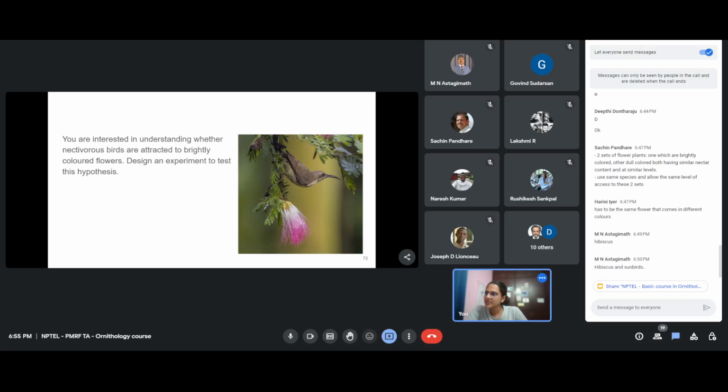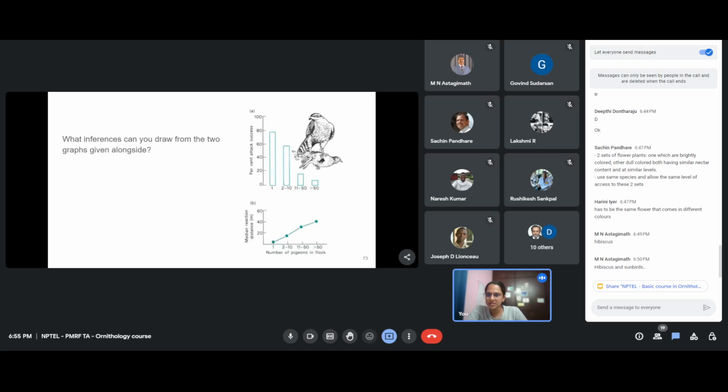Anyway, I am going to move to the next question. So given alongside is a graph of a pigeon being hunted by a goshawk, which is a predatory bird, and there are two graphs given alongside, so you can take a minute to look at the graphs and explain to me what exactly it says.